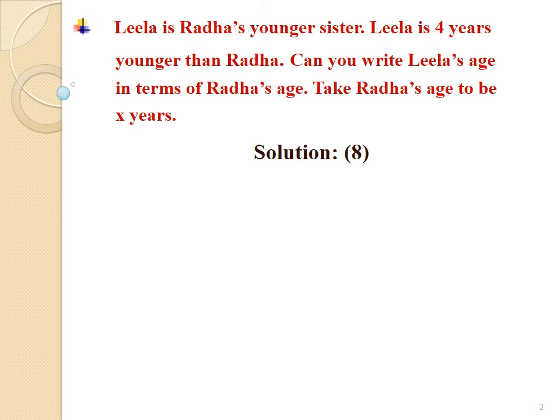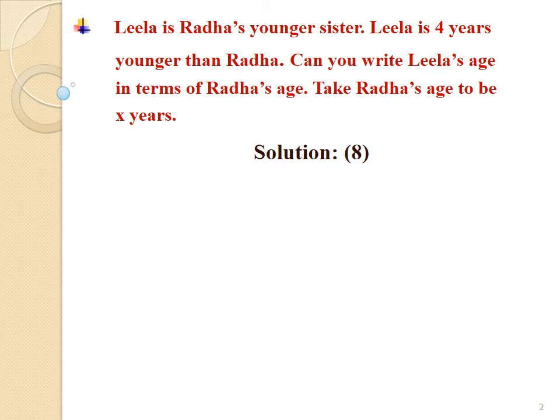Students, we know that Leela's age will depend on Radha's age. Say that if Radha's age is 100 years, then Leela's age will be 100 minus 4, or 96 years.